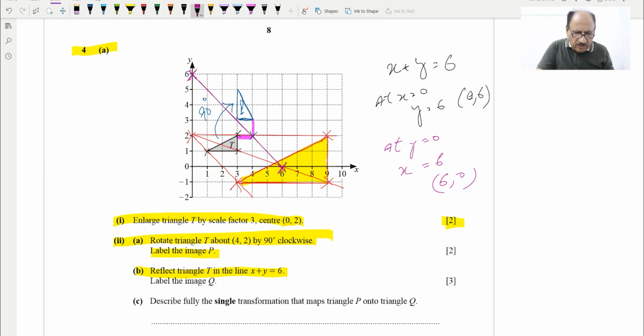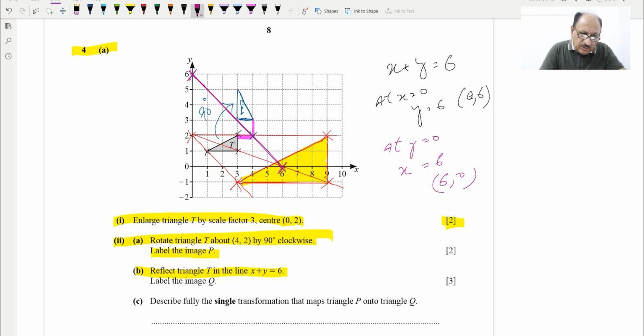This will be the line, and we need to reflect triangle T in the line x plus y equals 6 and label it as Q. So we need to draw this one.